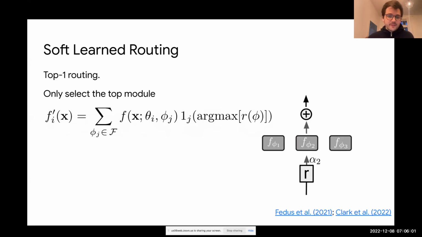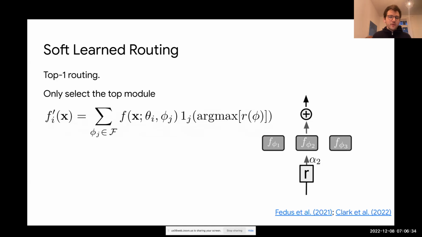The problem with this specific scenario is that we will talk about the specific use case of Fedus et al. and Switch Transformer. But in general, if you do not have a lot of training data available and just perform this top one routing, then most likely you will have module collapse or other problems during training, because you don't have this stochasticity during training that different modules might be selected.